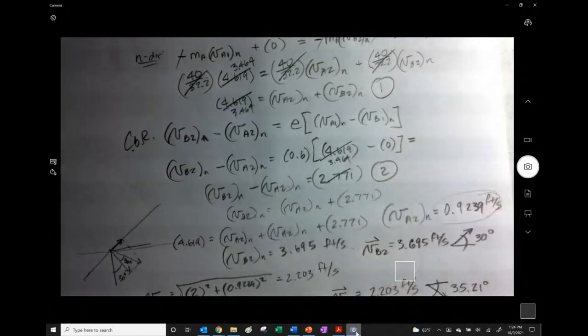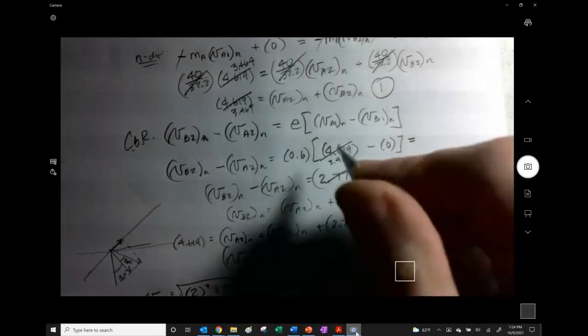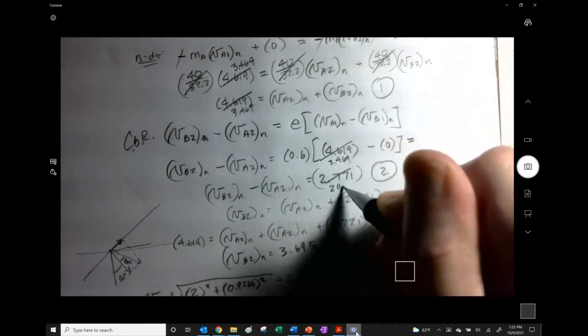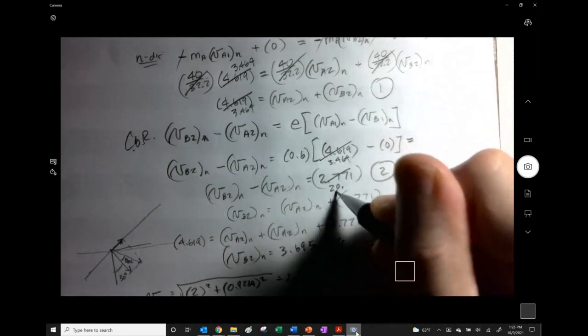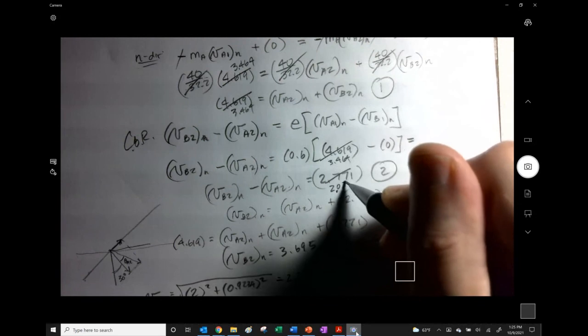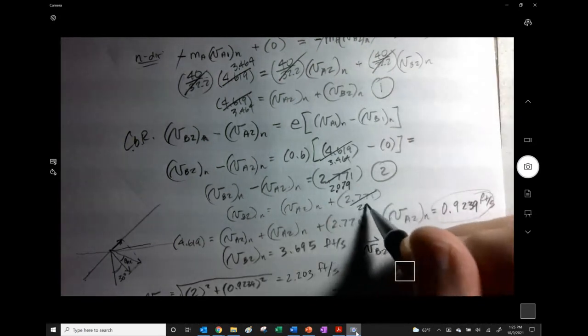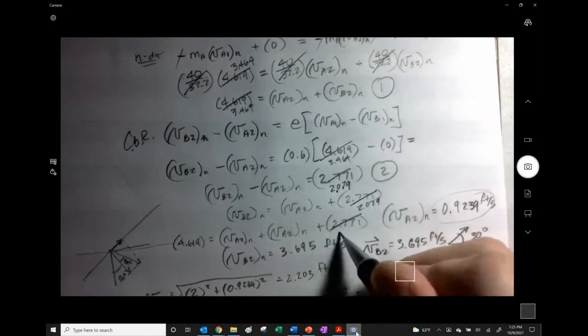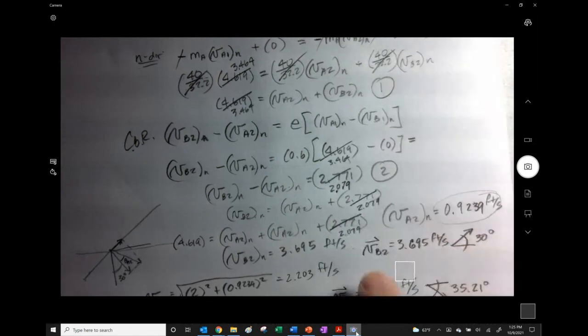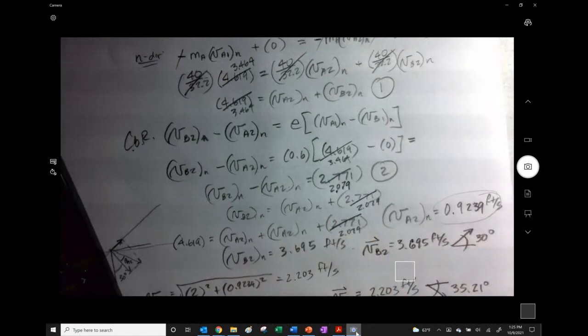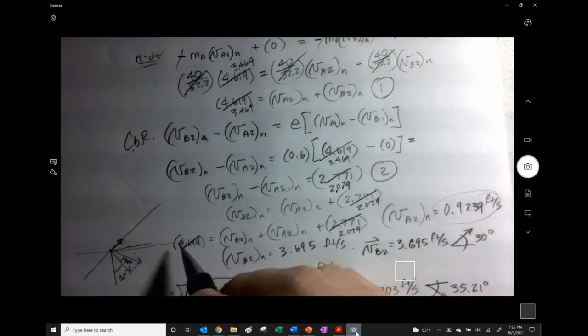3.464. So times 0.6 should be 2.079. 2.079, which you will now subtract from 4. This is also wrong.